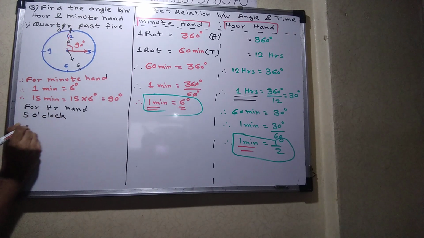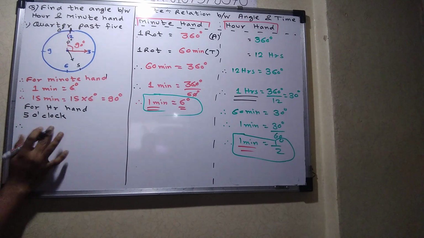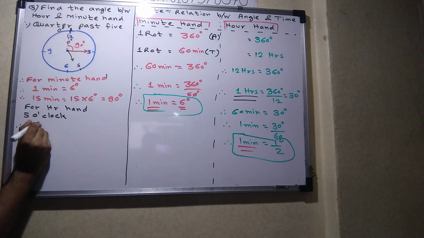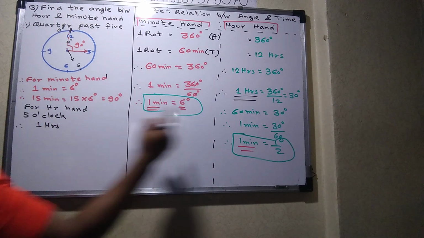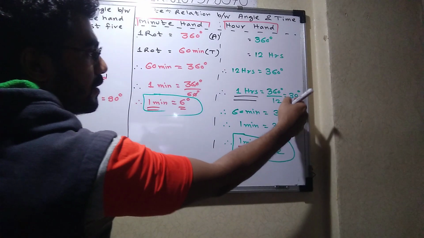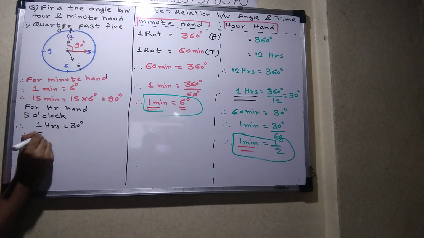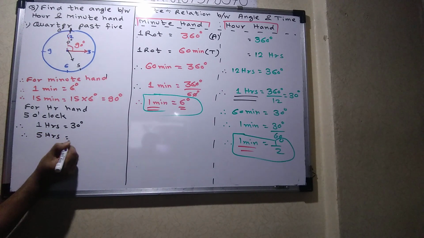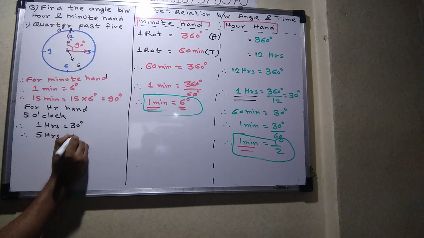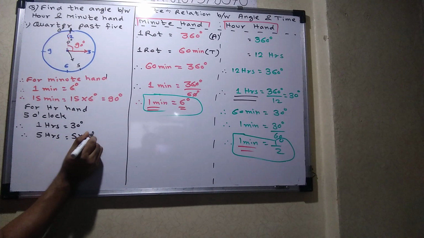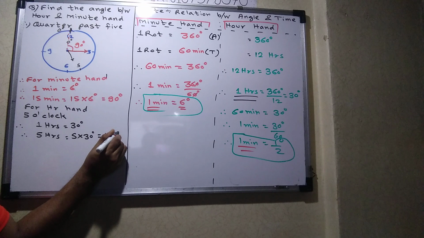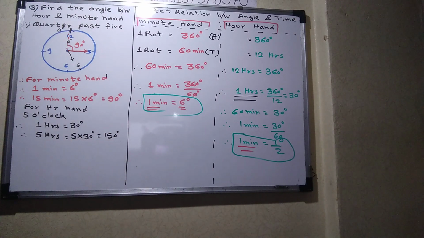For 1 hour, how much degree will be there? 30. So for 5 hours, 5 multiplied by 30 degrees is 150 degrees.